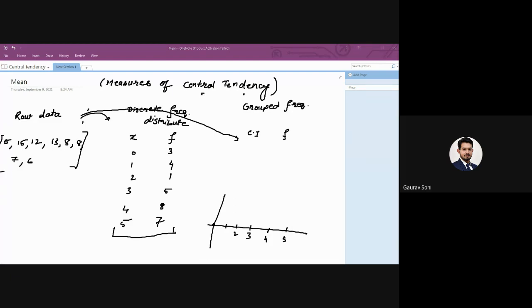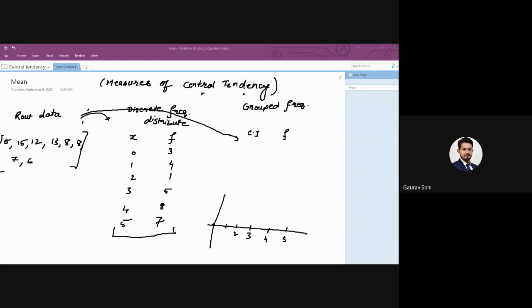Depending on this, I can plot the frequencies on the y-axis. And once we plot the frequencies on the y-axis, what is the central tendency? What happens at the center of this data?